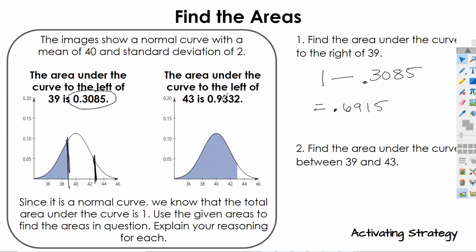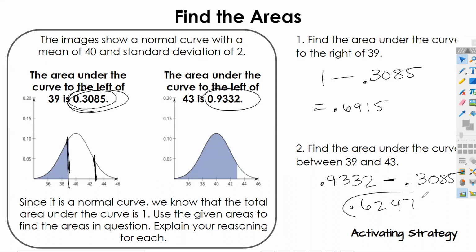So what we're going to do is subtract this and this guy to find the between. So we're going to get 0.9332 minus 0.3085. And so that's going to give me 0.6247.